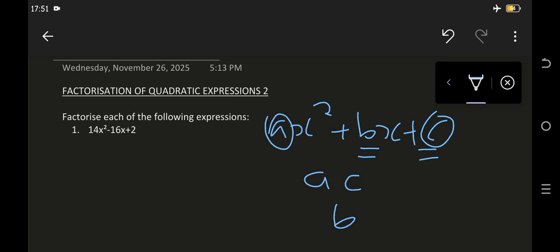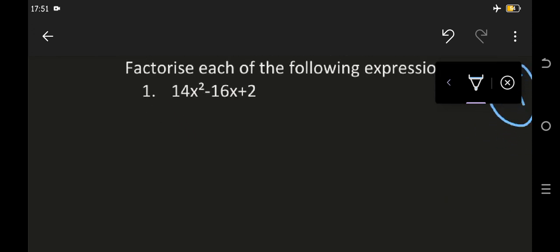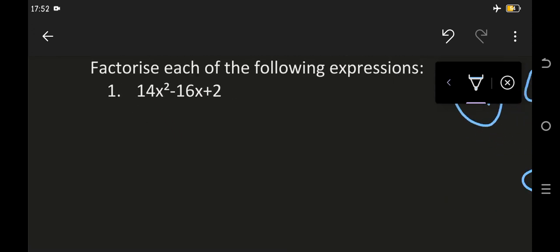So let us look at how we can factorize the first expression, 14x squared minus 16x plus 2. The numbers we are supposed to be looking for, when multiplied, should give us 14 times 2, which is 28, and a sum of negative 16.